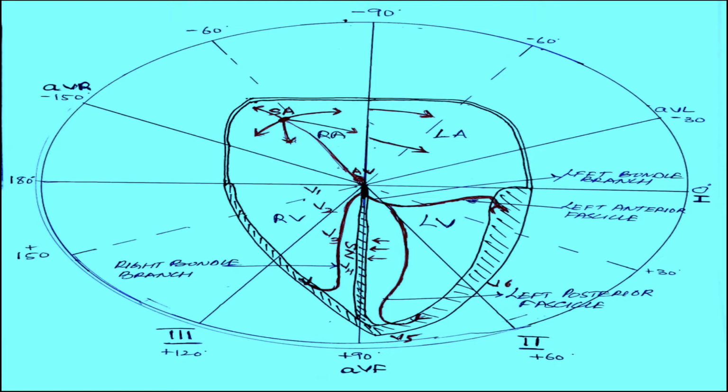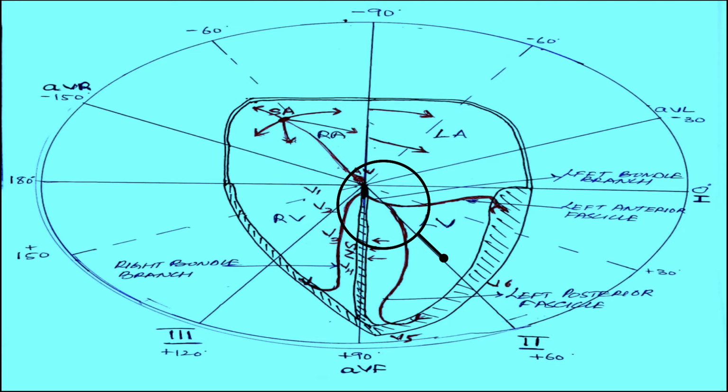We'll be talking about these blocks using their short forms, and it is very easy to remember that left bundle branch block causes left axis deviation, and right bundle branch block causes right axis deviation. Right now we'll focus only on these two blocks.